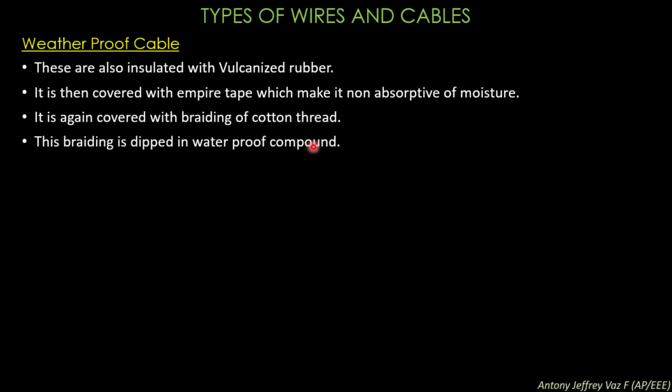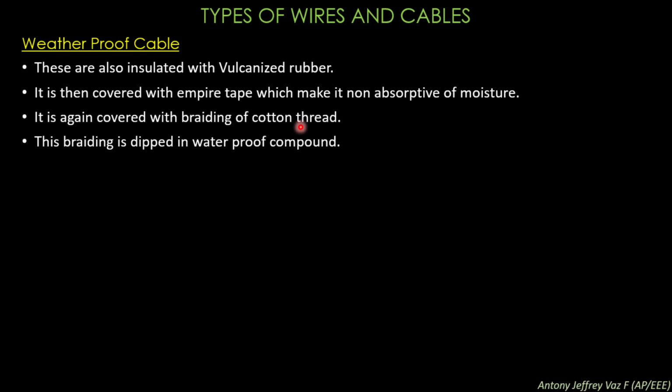So, in these weatherproof cables you can have a very tough outer material which is known as the outer sheath. After that, inside the cable you will be having cotton threads, and these cotton threads are dipped in a chemical waterproof compound.